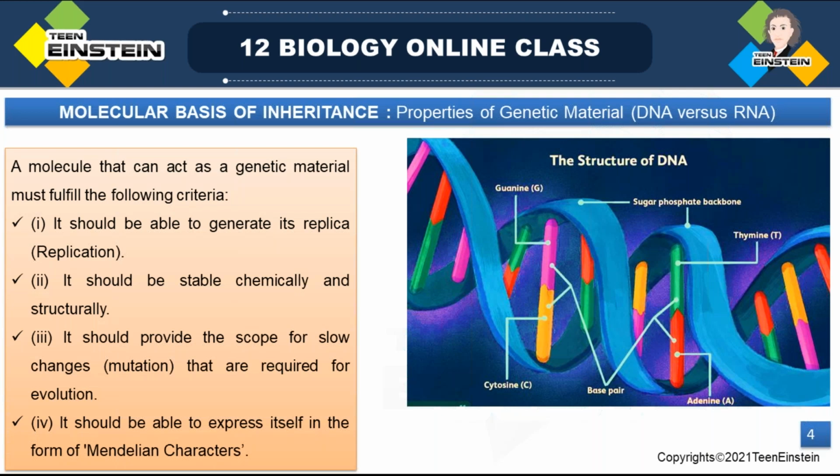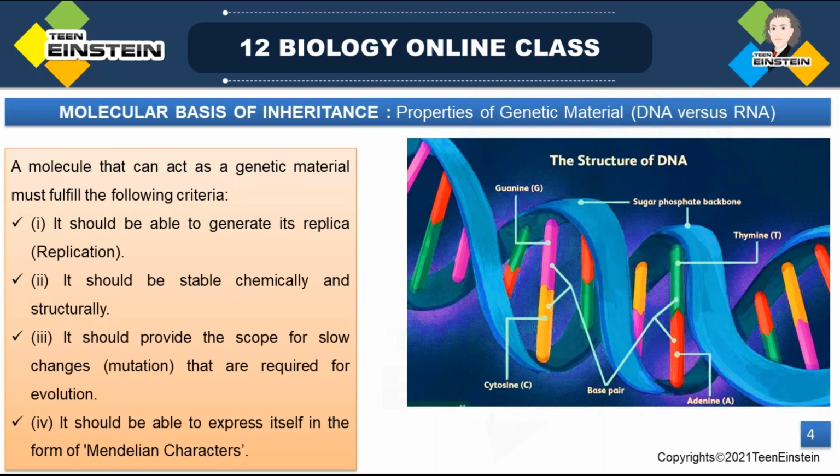So the genetic material should show slow rate changes, that means it should undergo mutations. That means both DNA and RNA are able to mutate. But you know RNA is unstable, and in RNA we can expect these changes at a faster rate, right?